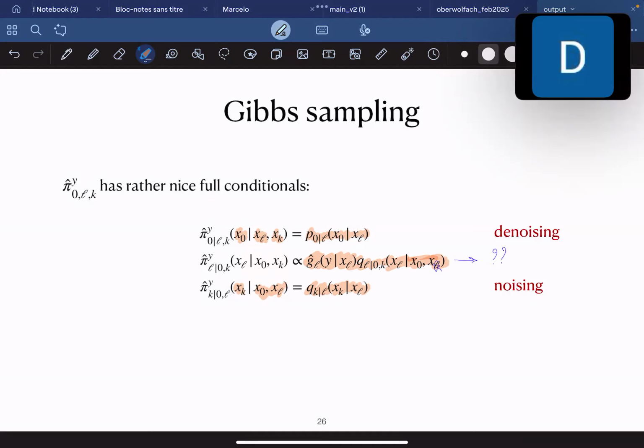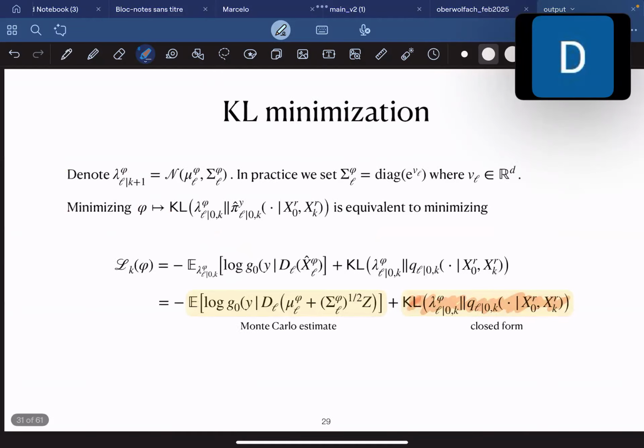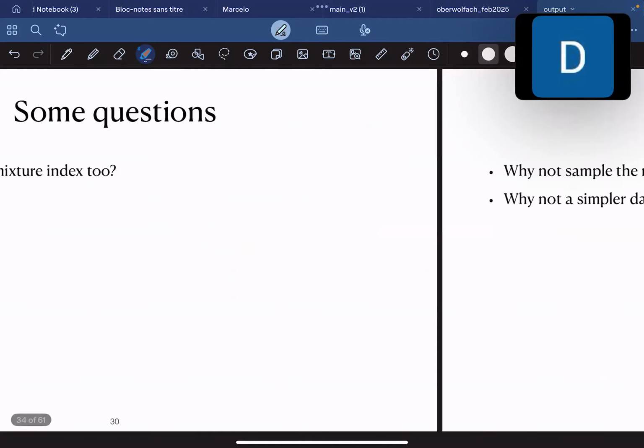That's mainly because you have a known component in this conditional, which helps a lot in the training, compared to where you would have only the conditional of XL given XK. So that's for the second question.